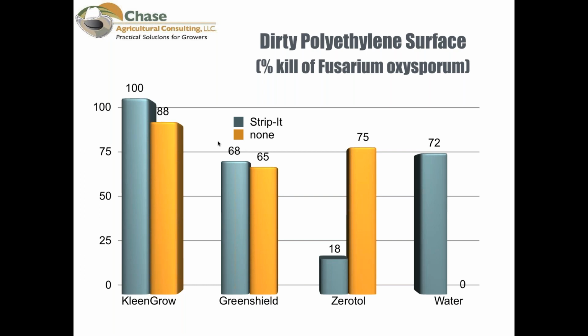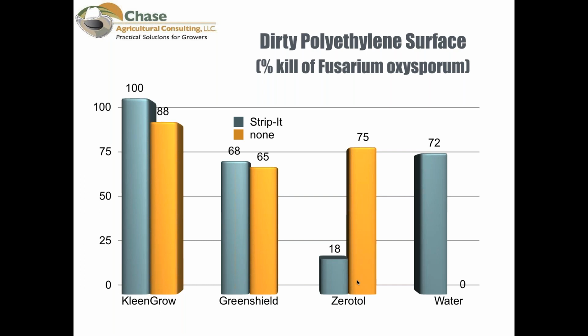So ideally, what we want to see is not a zero, because what this says is that when we treated the plastic surface with just water, we didn't kill any of them, which one would hope you wouldn't kill a whole lot with water. If we treated it with Strip It alone, we killed 72% of them. Strip It is a soap acid type product, and it is very bad on plants, but just great on cleaning surfaces.